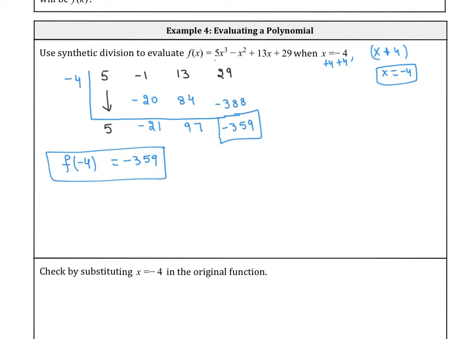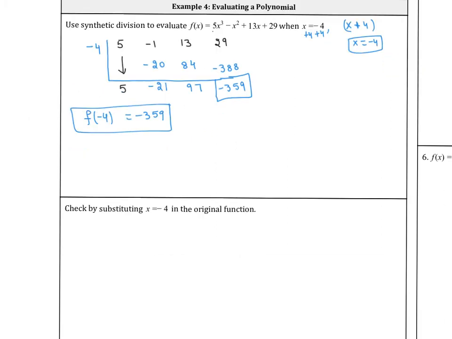Remember, we did not plug the x value, x equals -4, into the x places, but rather we used synthetic division to evaluate f of -4. Now I'm going to use substitution to find the value of the function at x equals -4.